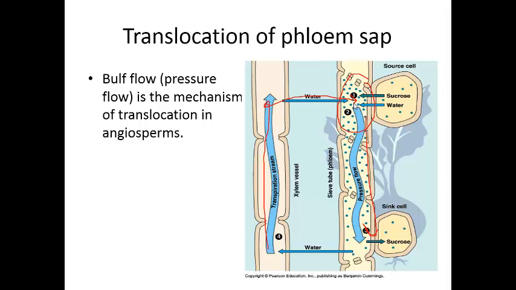This is going to build up turgor pressure inside the phloem, and this pressure that builds up pushes the sugars down the phloem. So water moving from high concentration to low concentration is going to build up pressure in the phloem, and that pressure is going to force the sugars down the phloem. We call this pressure flow. And that water is then able to diffuse back into the xylem where it can continue its journey.